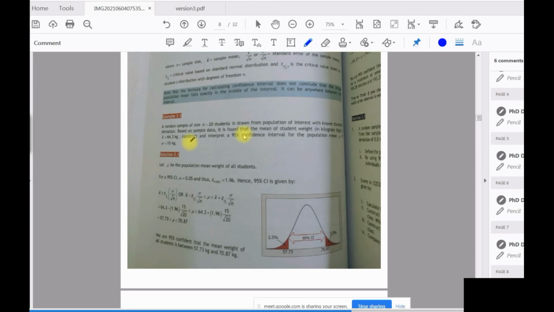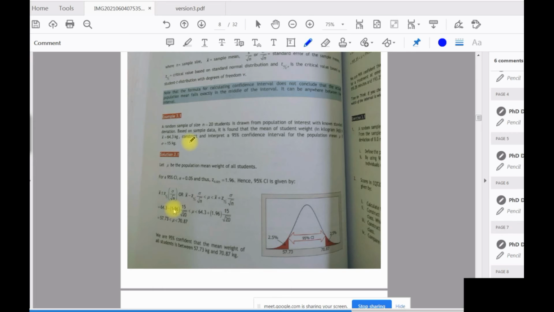A 95% confidence interval means we have alpha equals 0.05, and z alpha over 2 equals 1.96, hence the 95% confidence interval is given by this. So we just take the formula and put everything inside here.